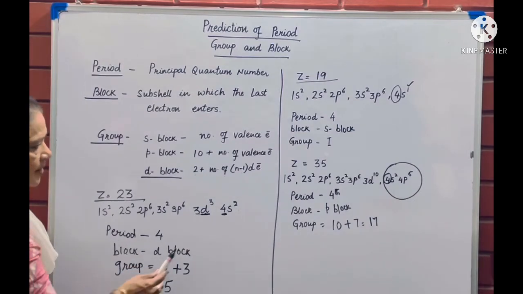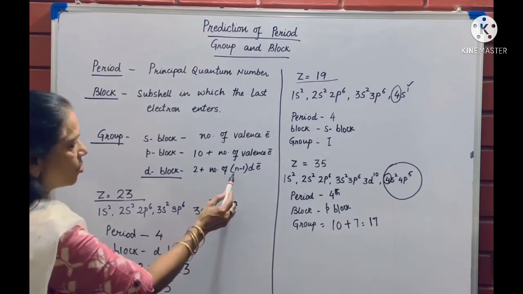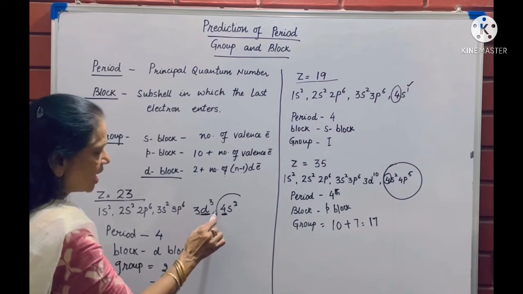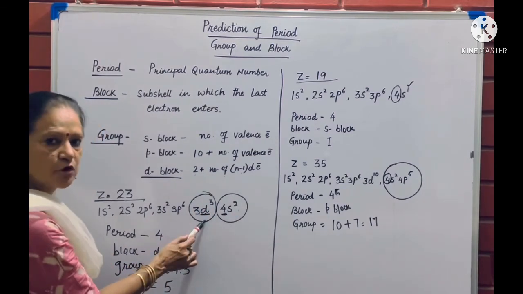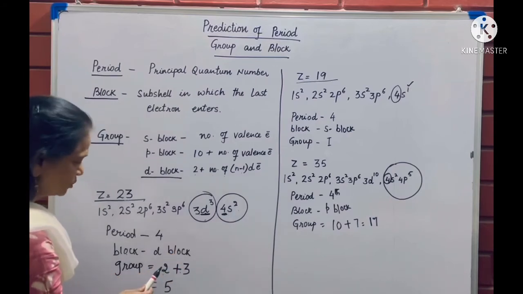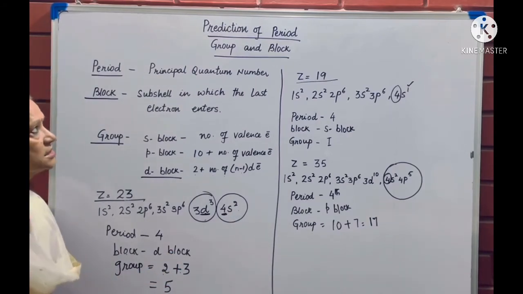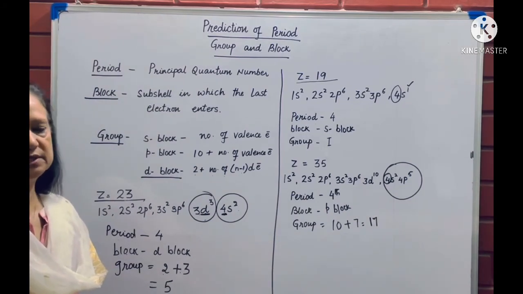To find the group, I'll say 2 plus 3, that is the number of penultimate D electrons. This is the last shell, and this is the shell before that. So the number of electrons present here plus this 2: 2 plus 3 is the 5th group of the periodic table. So this is how we are going to find out and predict where an element is present in the periodic table.